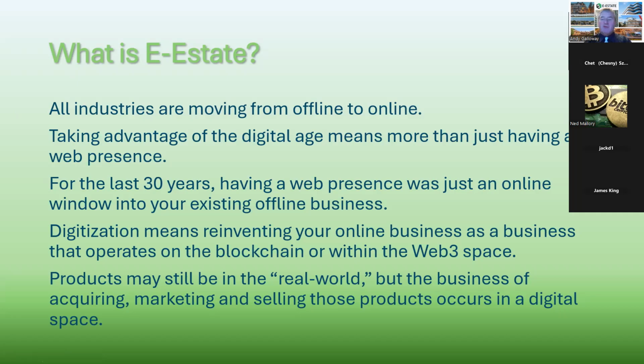For many years, even though they were tokenizing properties, they were still finding a big buyer to buy all of those tokens. So for about 8 years or so, since 2015 when they first tokenized real estate, they didn't understand what they had their hands on. E-estate has really taken the bull by the horns and made real estate available for the masses.